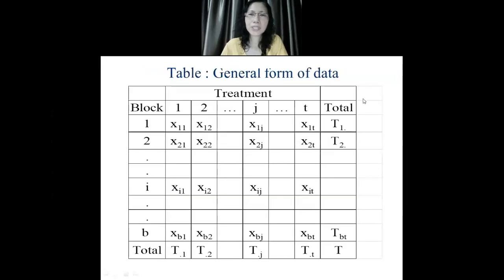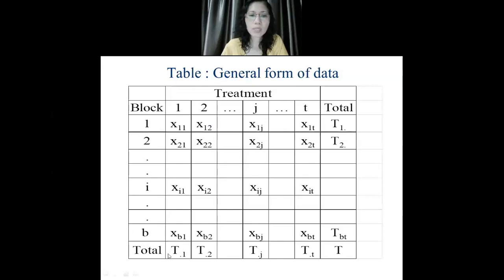Now, this is the general form of the data. We have the treatments 1, 2, 3, and so on. This is the J treatment, and the total number of treatments is T. And we have blocks 1, 2, 3, and so on. This is the I block, and this is the total number of blocks.